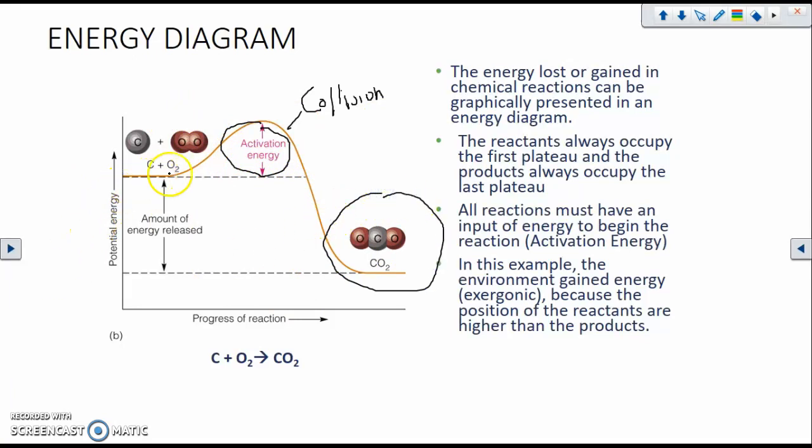Okay, now there are 2 types of reactions. You could have an endothermic or endergonic reaction, or you can have an exothermic or an exergonic reaction. And what that is telling you, folks, is, in this case, we're going to be talking more about heat rather than energy based on Gibbs. Is there actually heat that is produced, or is there actually heat being lost?